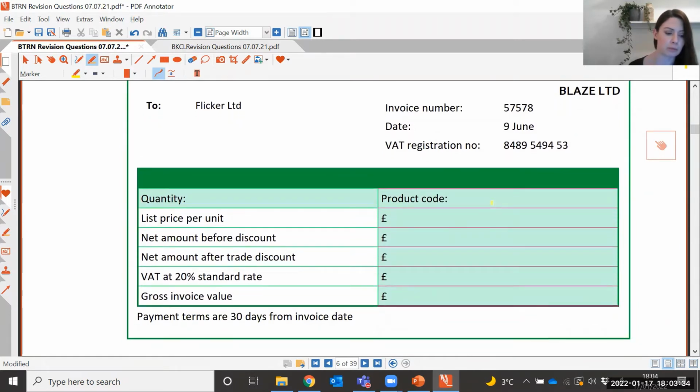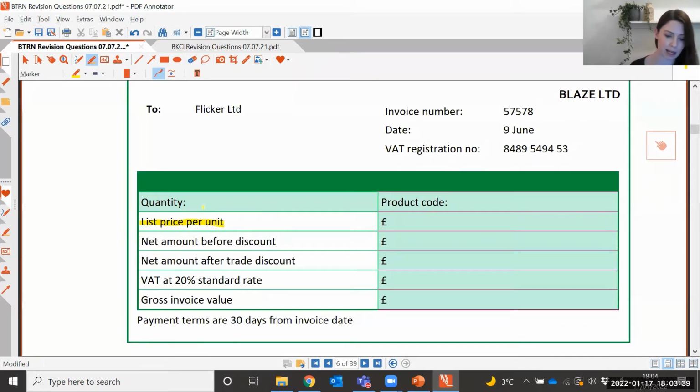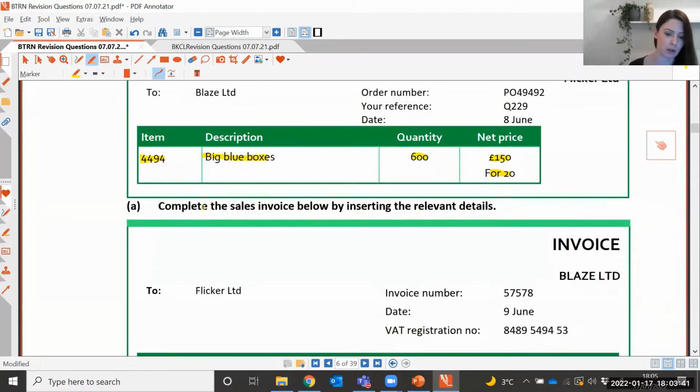So first of all, let's have a look at the list price per unit. So if we have a look at the sales order, what would be the list price per unit? So we're told that the quantity is 600 units.